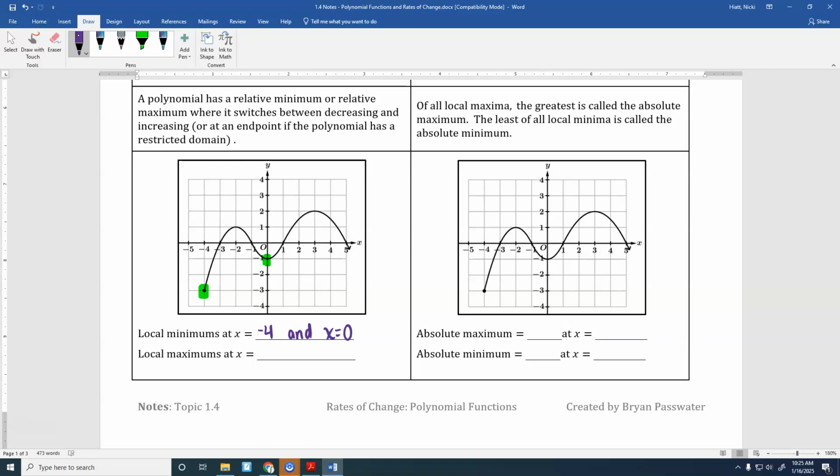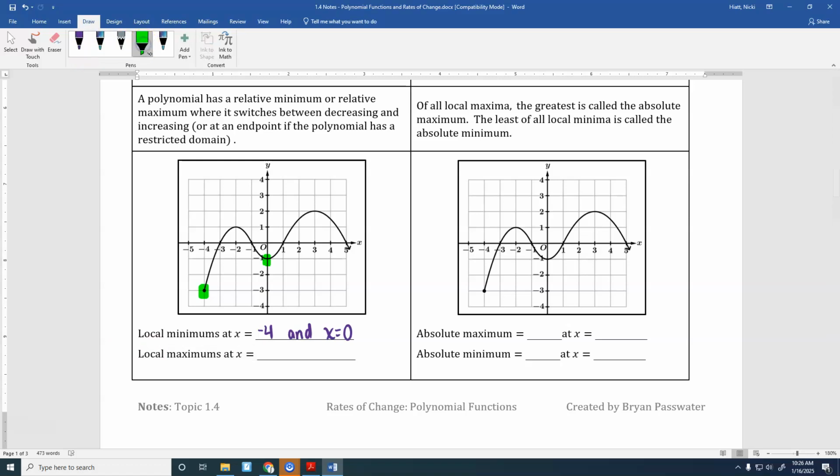We're going to learn in a minute that the maximum or minimum is actually the y value. They don't usually ask you for that for relative maximum minimums. It's usually absolute whenever you see that. So typically, they'll give you x values here for local. It maybe could ask you for the y values, but in this case, they want the x values.